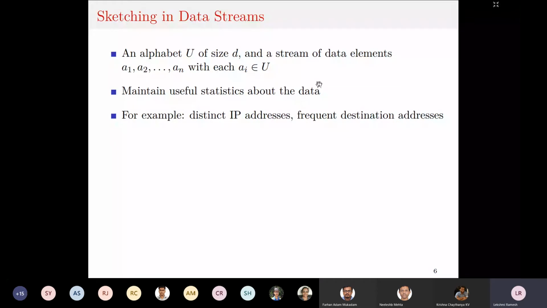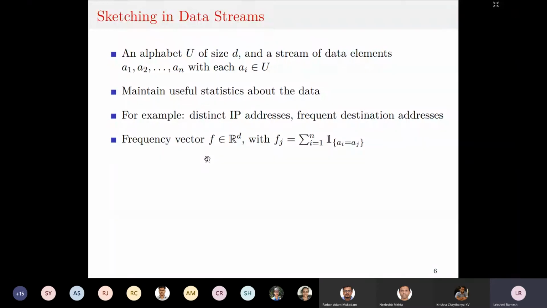All these statistics can be neatly expressed in terms of the frequency vector. There is a frequency vector F with D entries. Each entry corresponds to an element in the alphabet, and it counts how many times you have seen each element of the alphabet in the stream so far.